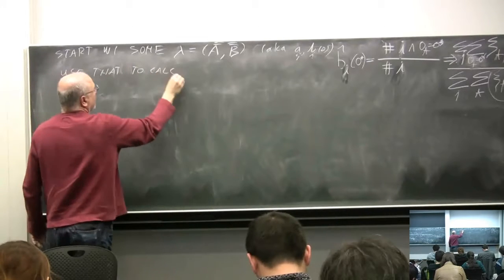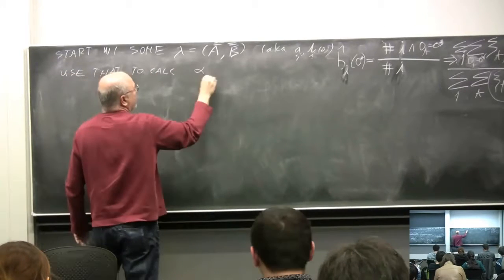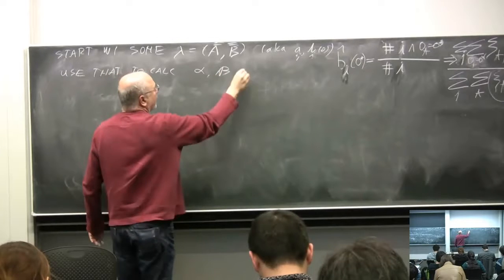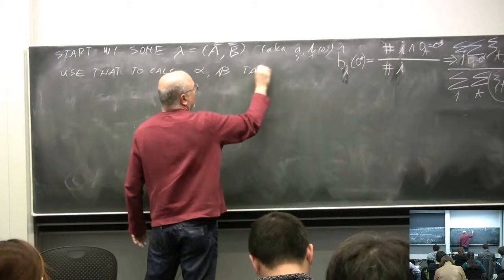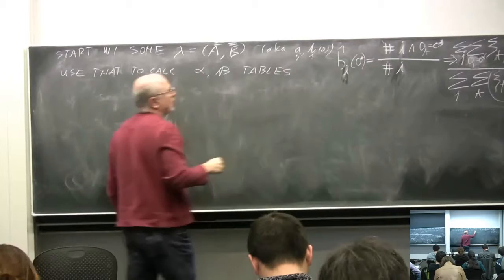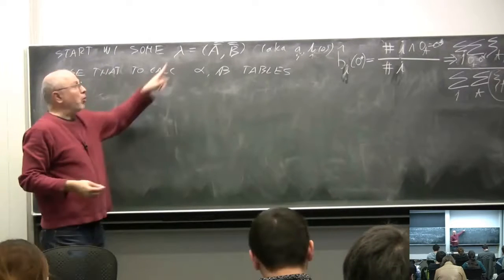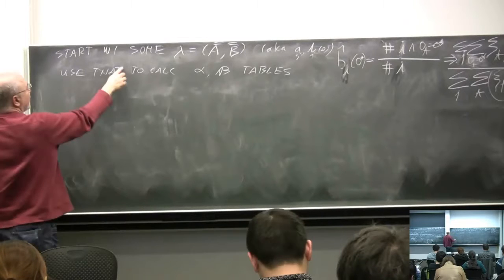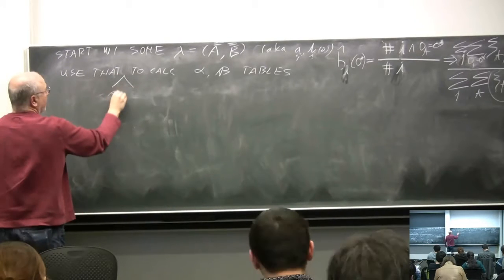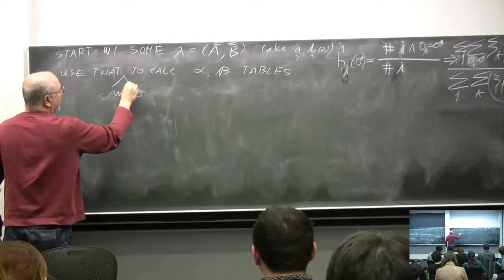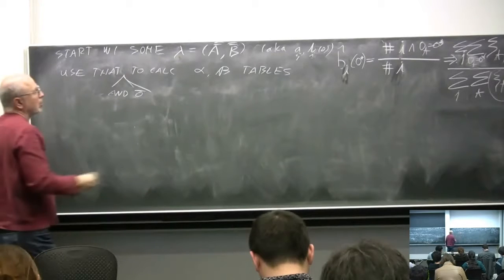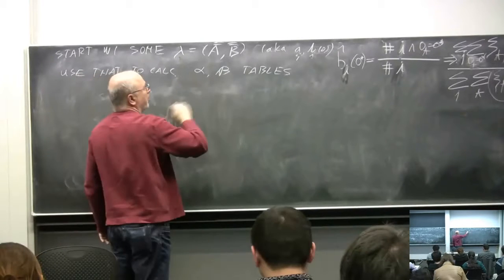Use that and the observables O to calculate the alpha and beta tables.